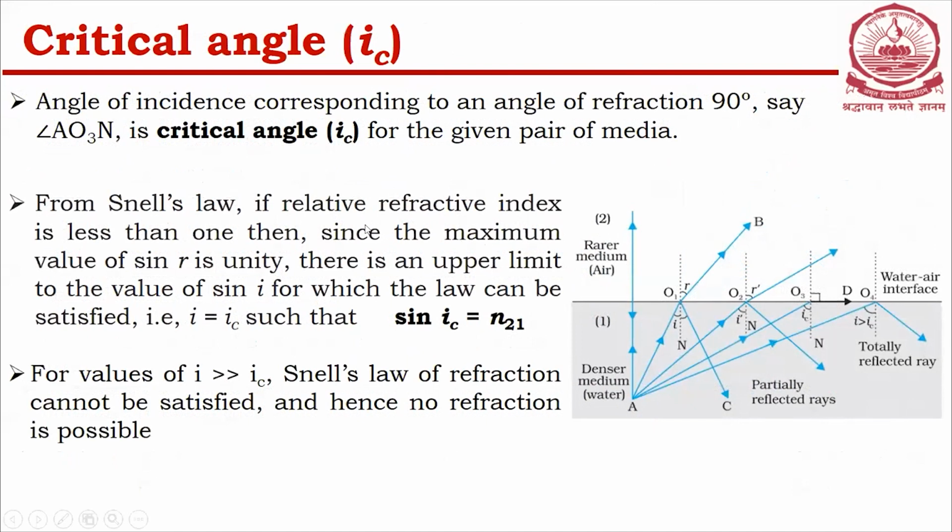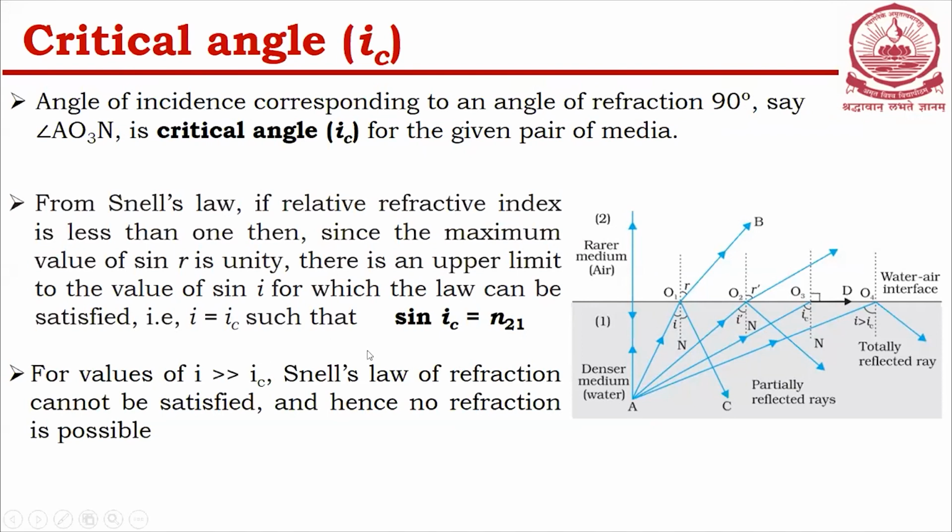You can even explain total internal reflection by Snell's law of refraction. From Snell's law, if the relative refractive index is less than 1, then sin IC should be equal to n2, where n2 is the refractive index of the second medium with respect to the first medium.